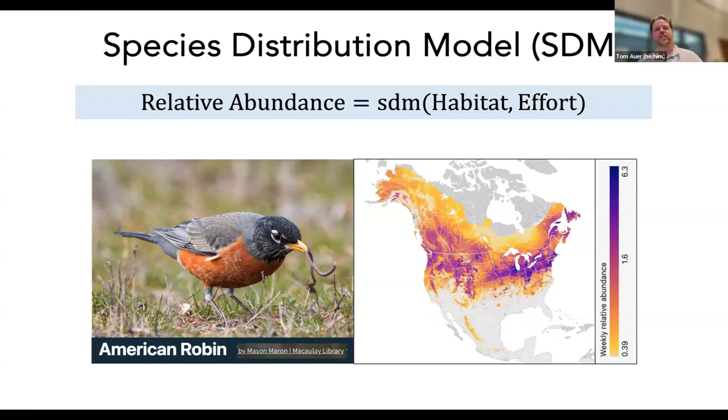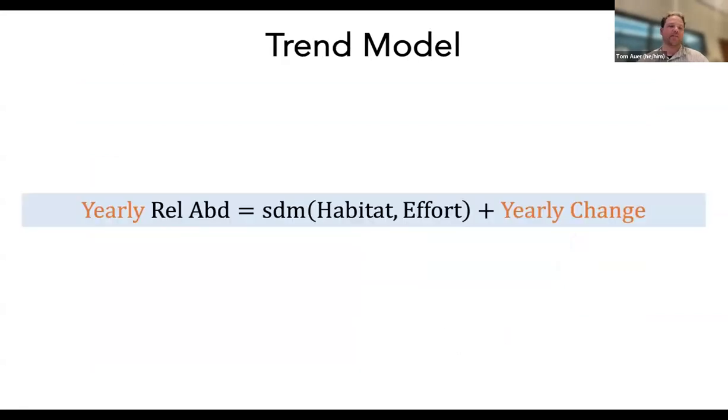And so if we want to extend this then to understanding the change over time, we want to develop a trend model. And conceptually, maybe it's not all that different what we would like to do. We'd like to get yearly relative abundance. So we have an equation in our model that says take the SDM and add a variable for change, right?